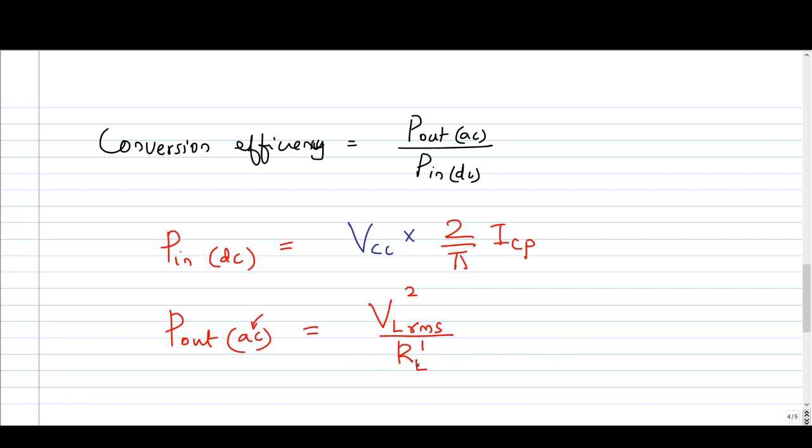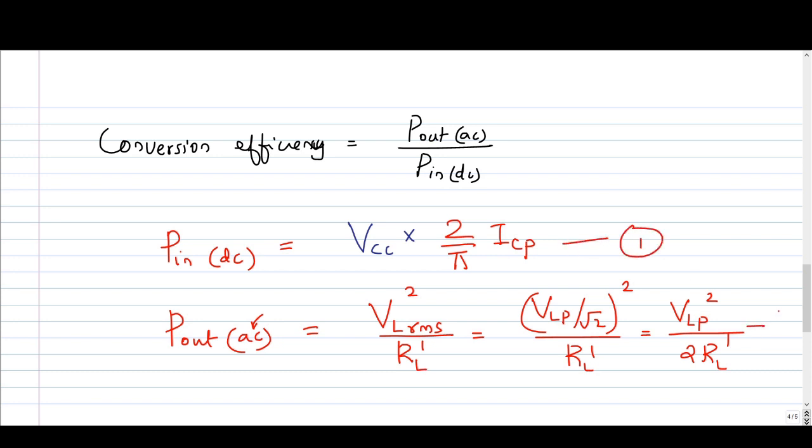This we have seen earlier when we discussed transformer coupled amplifiers. So what is the relation between RMS value of voltage and peak value of load voltage? RMS value is actually peak value by root 2. VLP by root 2 the whole square divided by RL dash. So this is nothing but VLP square by 2 RL dash. Okay, so this is equation number 1 and this is equation number 2.